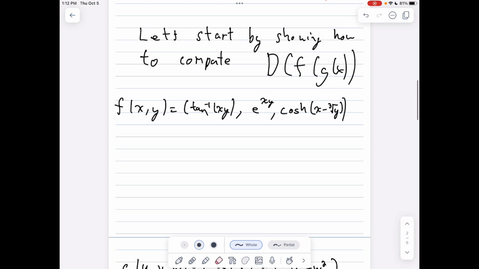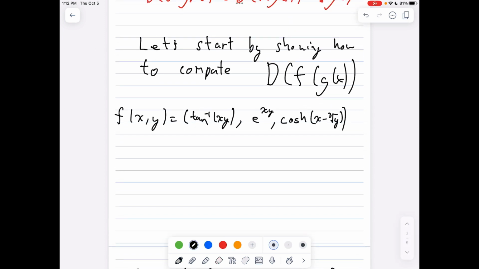Okay. So we're going to take a look at f, and as you can see, f consists of 3 component functions. Let me call these f1, f2, and f3. And you've got 2 variables here.